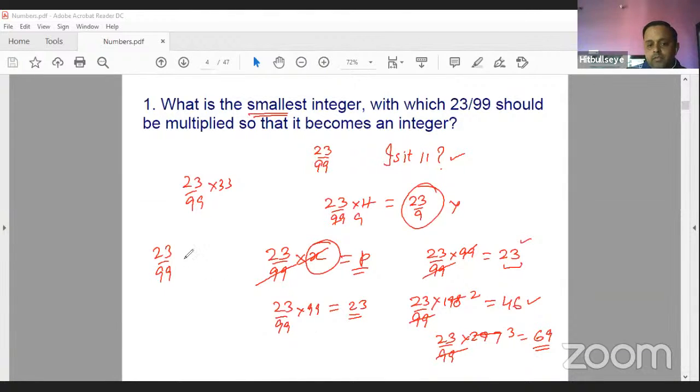But what if I multiply it by 0? If I multiply it by 0, it will become 0. Isn't 0 an integer?